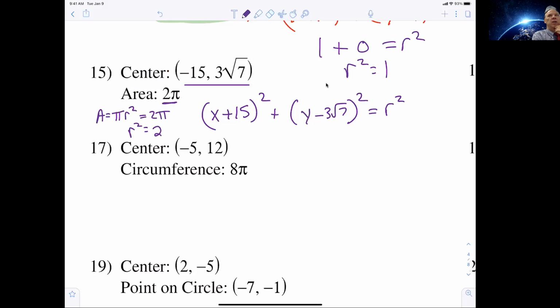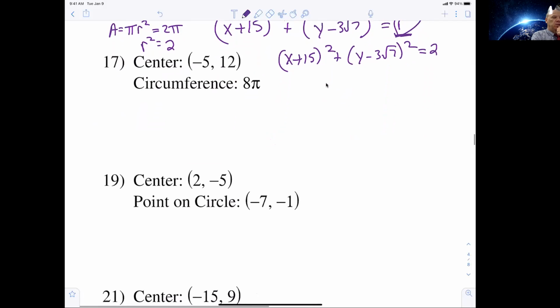No, because I'm trying to write the equation, so I need r squared. So what is r squared? 2. R squared is 2. Now you could say r is the square root of 2, but I'm interested in r squared, not r. So now I can just rewrite it as x plus 15 squared plus y minus 3 radical 7 squared equals 2.